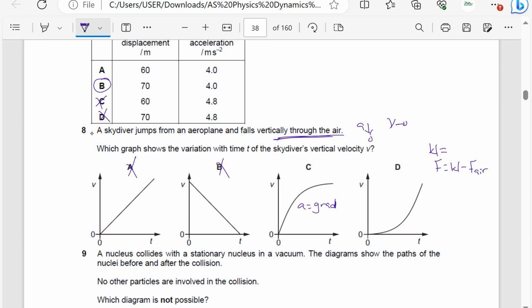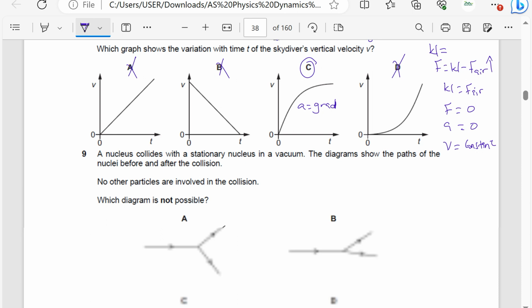Air resistance goes on increasing until the weight equals the force due to air resistance, which makes the resultant force 0, which makes the acceleration 0, which makes v constant. So v should be becoming constant, so the answer is going to be C. The gradient decreases, which means the acceleration tends to 0. D is wrong because the gradient increases, which means the acceleration is increasing.